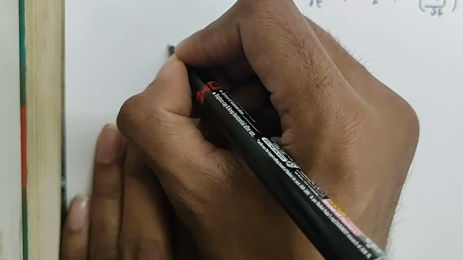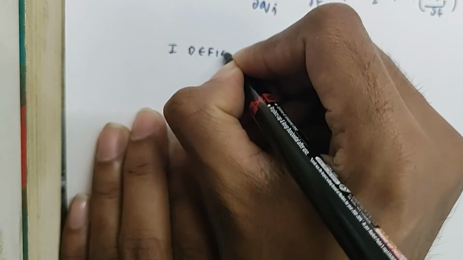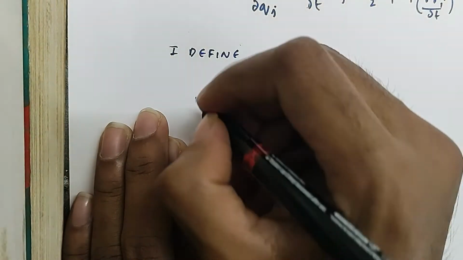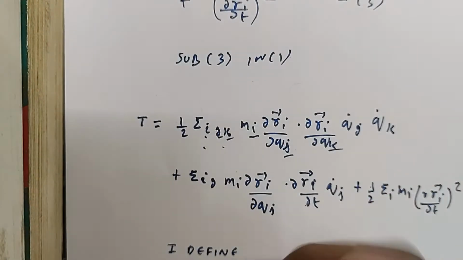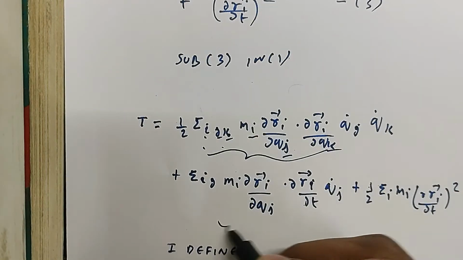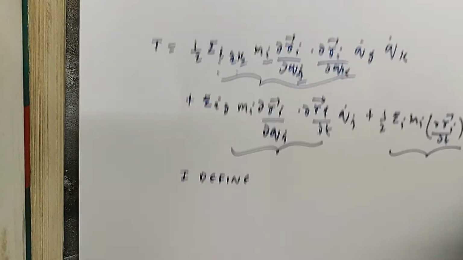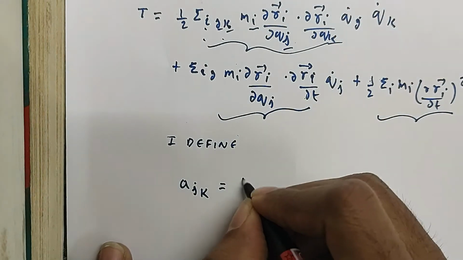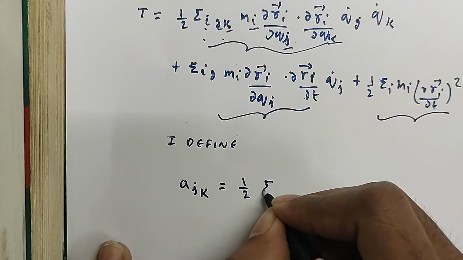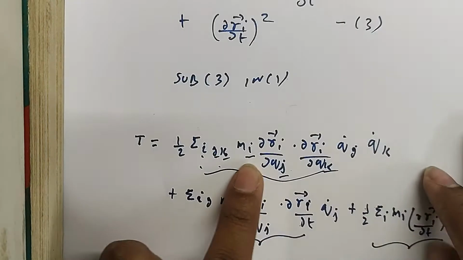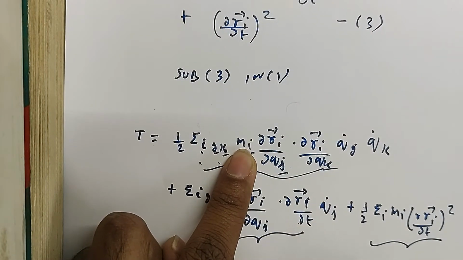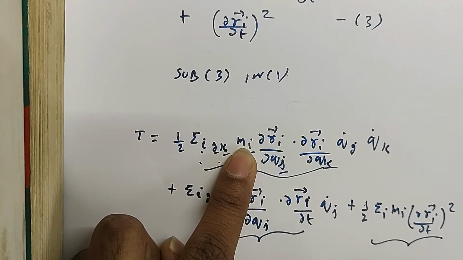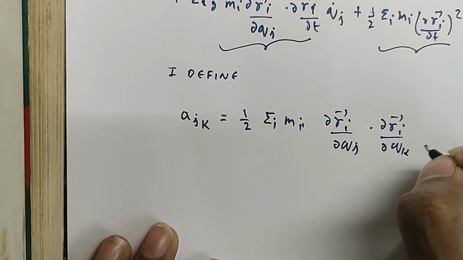So what I do is I define a quantity for each of them, because I don't want to keep writing this over and over again. I define a jk, which involves half m i, dou r i upon dou qj dot dou r i on dou qk, right?